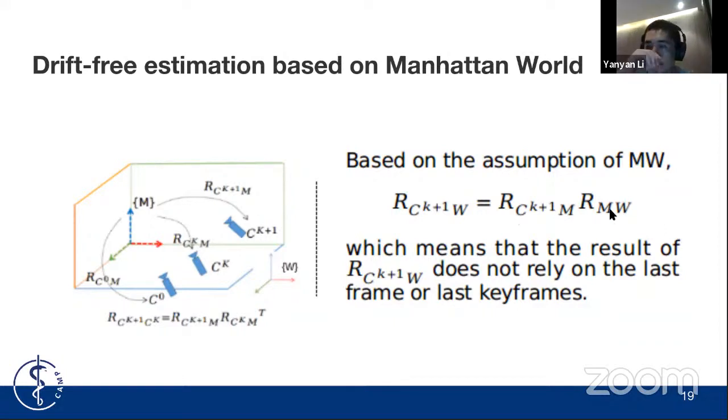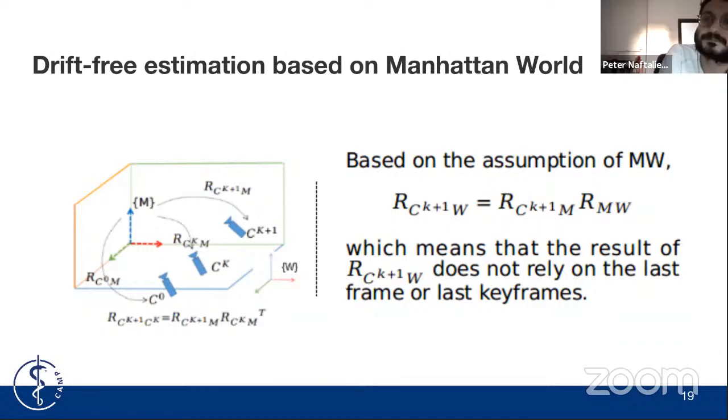For example, we input CKM to obtain CK+1M, but our result didn't rely on this CKM.